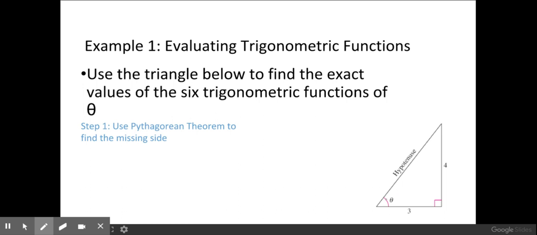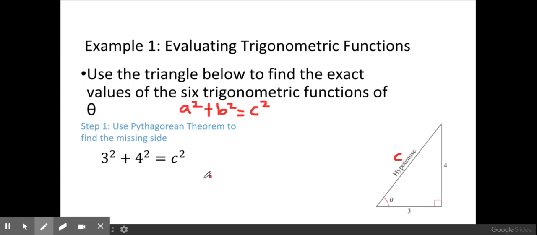If you forget what it is, it says a squared plus b squared equals c squared. And c has to be the hypotenuse, so this is always c. It doesn't matter what number you put for a and b. I put 3 as a and 4 as b, but if you did 4 as a and 3 as b, you would get the same answer.